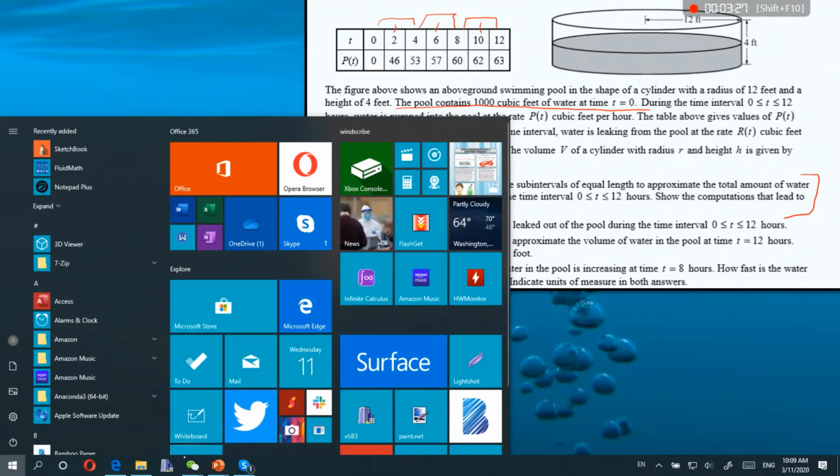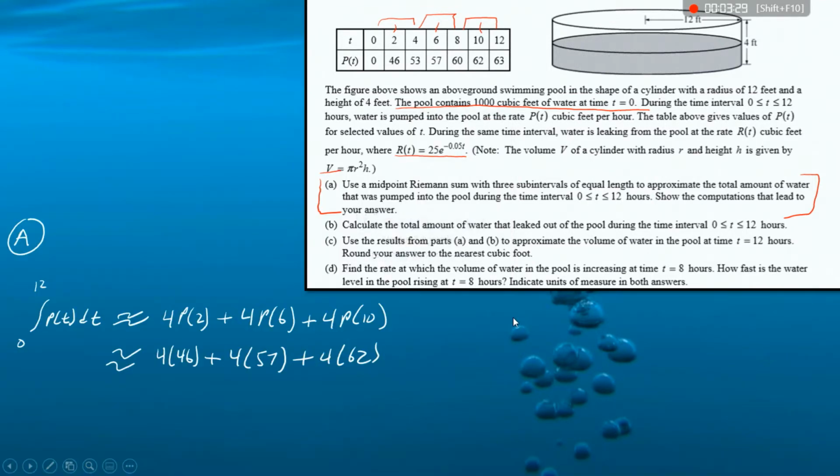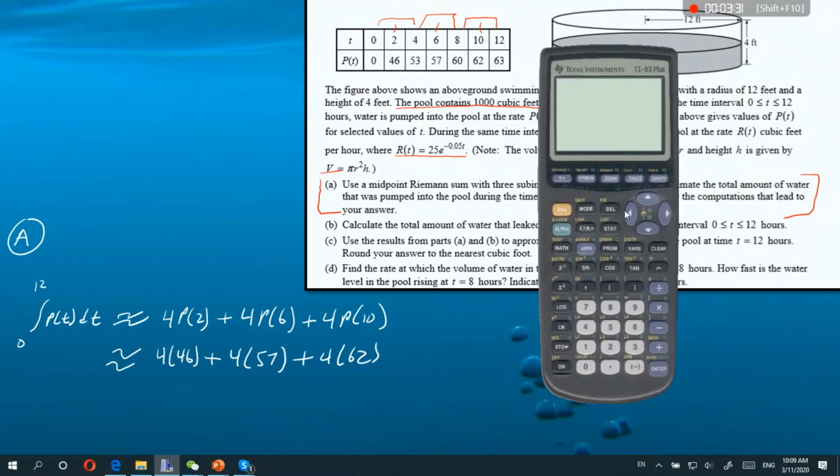This one is with the calculator, so I'm going to pull that out. I think I'm going to factor out the 4 and just add 46, 57, 62 together. 46 plus 57 plus 62, all times 4, is 660.